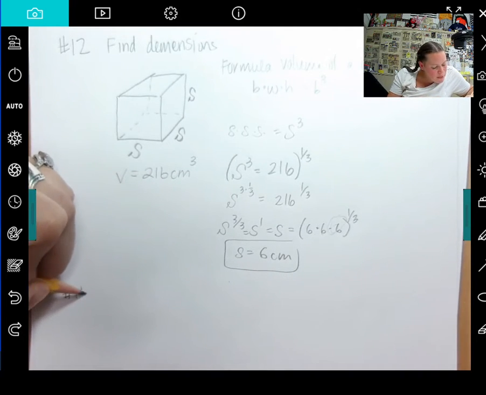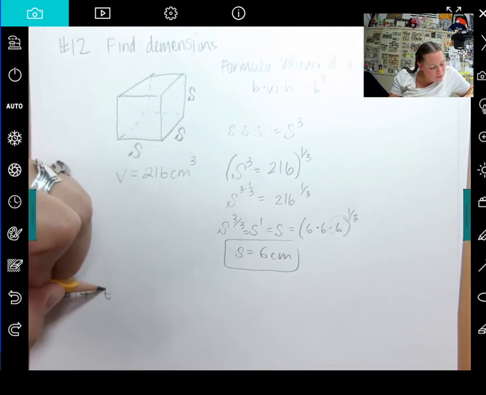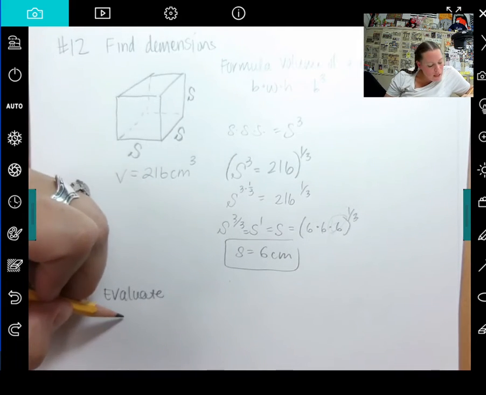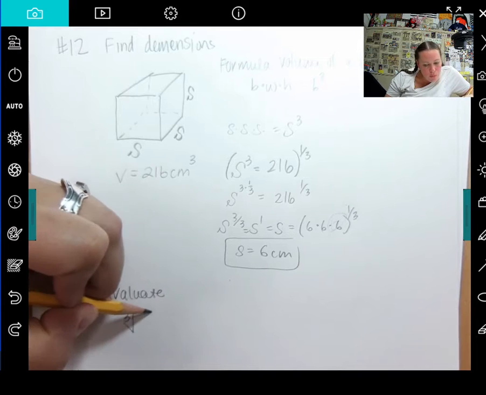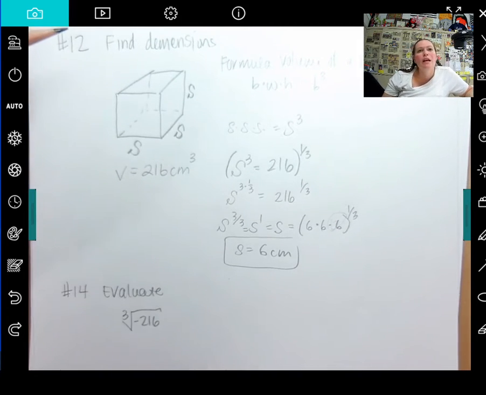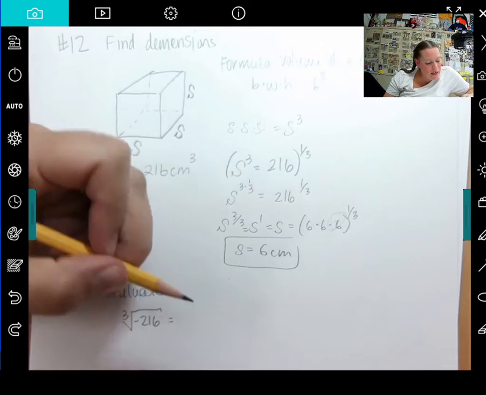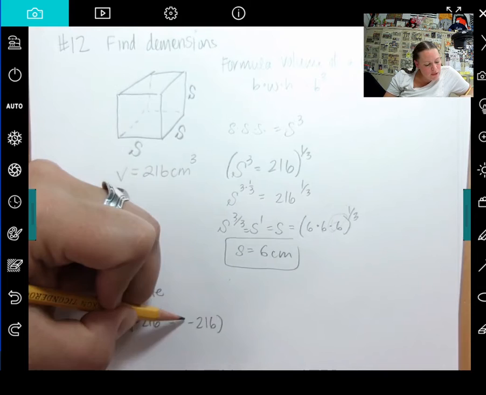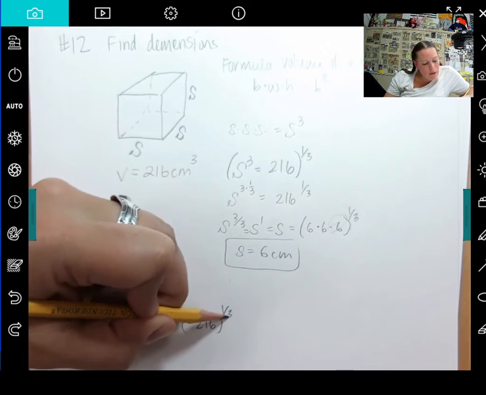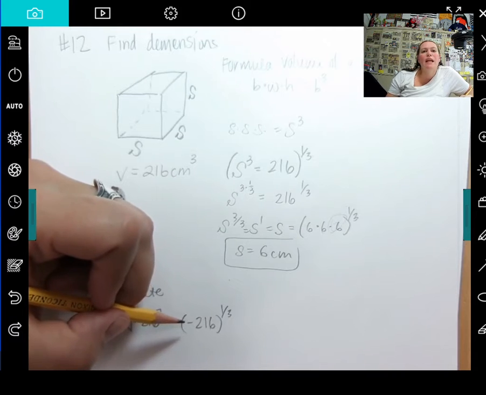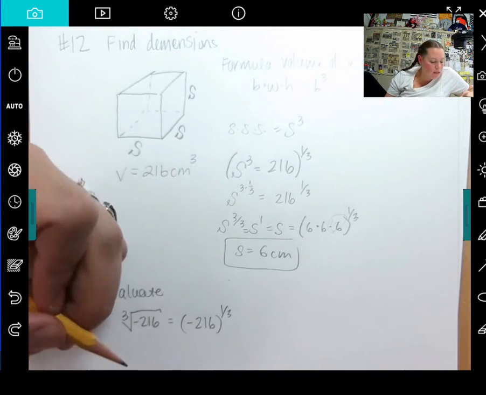Number 14 I wanted to go over. So number 14 just says to evaluate. And we are given the 3rd root of negative 216. So because the negative is on the inside of the radical, we want negative 216 to the 1/3 power. So what number times itself 3 times gives us negative 216?